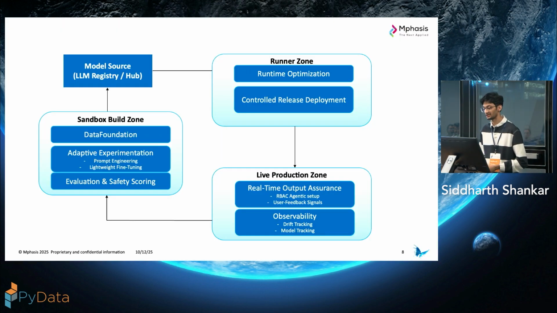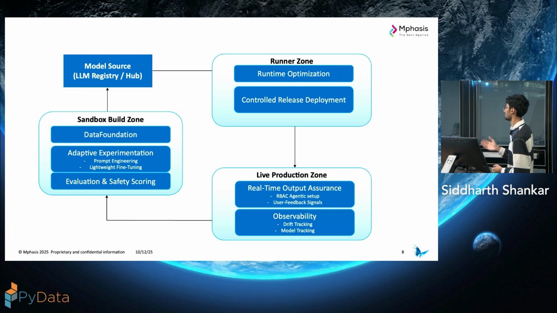It's quite similar to a setup that you would see in any code base, where you have a sandbox build zone, which is basically where you have your raw code or you can experiment with the models that you have. The next one is your inference or run setup, where right after you've decided which model you want to use, you deploy it to an endpoint and have it as an API, then start making queries or calls to it and introduce some safety checks as well.